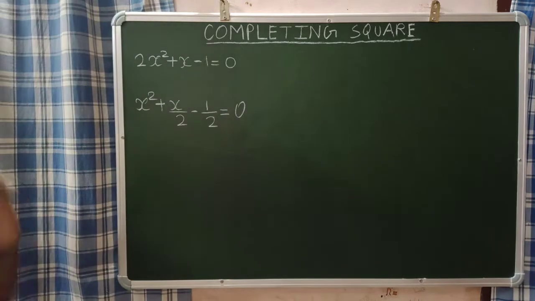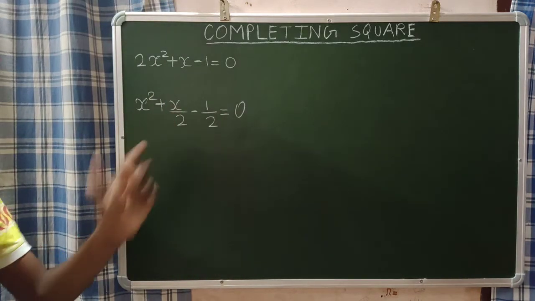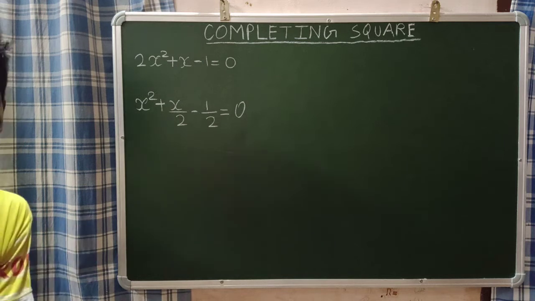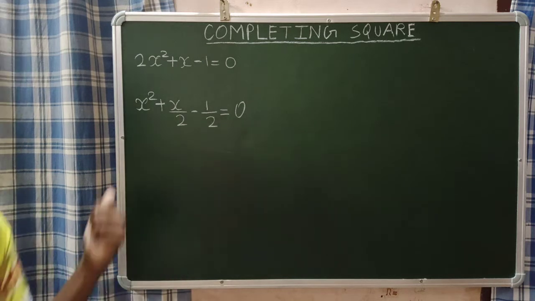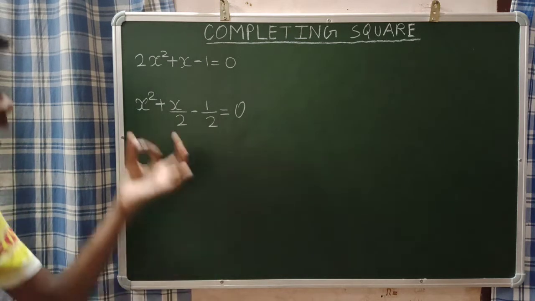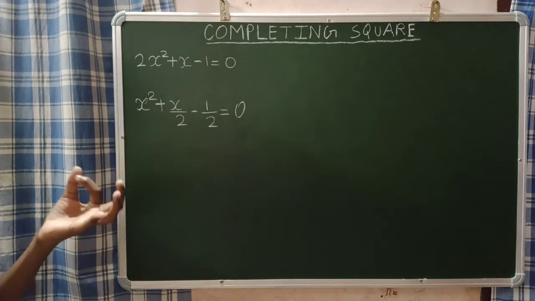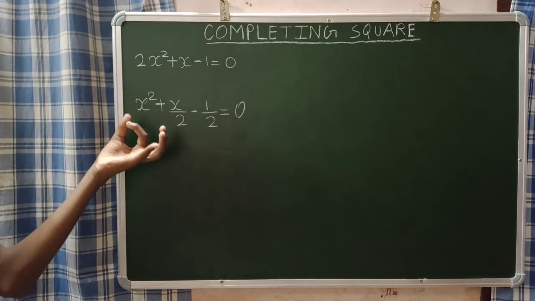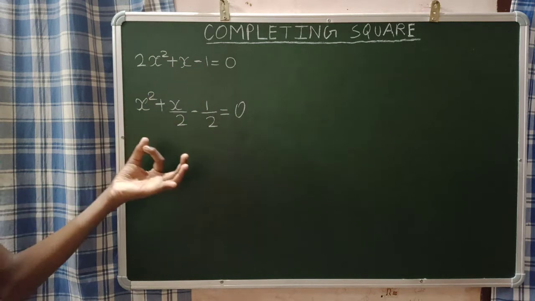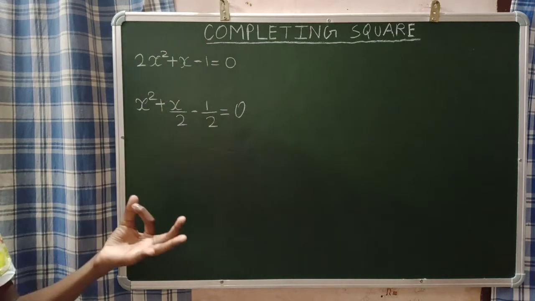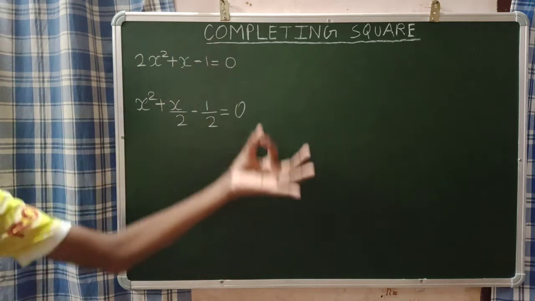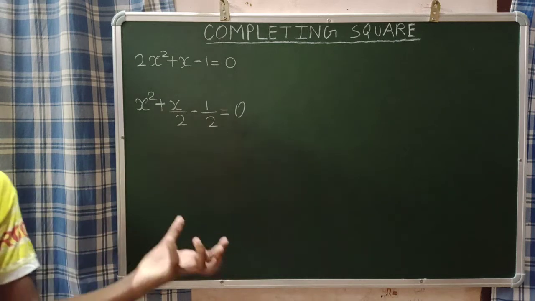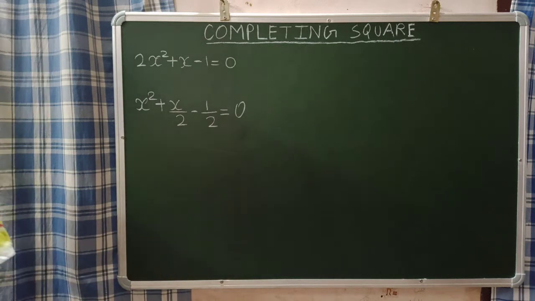So I divided by that coefficient 2 on both sides in order to make it 1x squared. 2x squared divided by 2 is x squared, x divided by 2 is x by 2, minus 1 divided by 2 is minus 1 by 2, and on the RHS, 0 by 2 is 0.